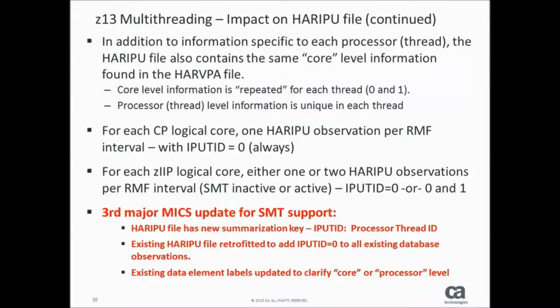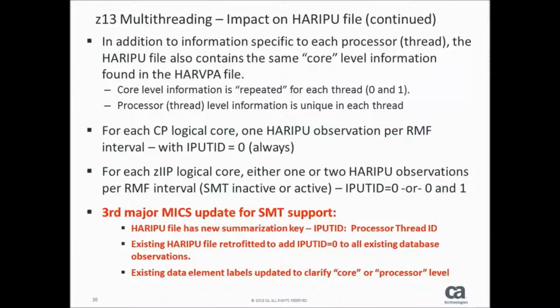We update elements in the IPU file to clarify which are core and which are processor. The IPU file for z/OS LPARs is really a superset of the HARVPA file. Remember, the HARVPA file has PR/SM-level core information for all LPARs, including SYS1. But for SYS1, we have some additional processor-level information, which is now in the same HARIPU file.